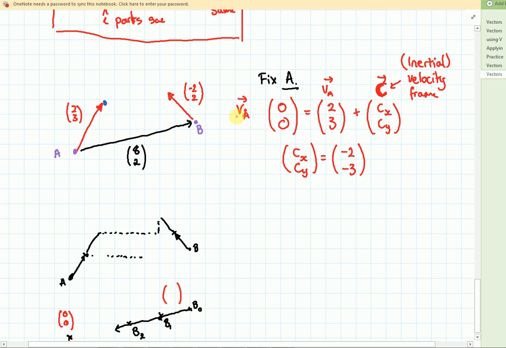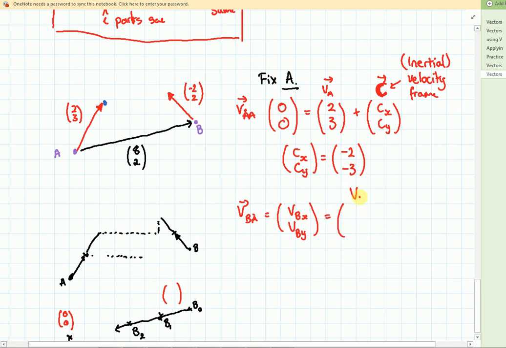So we're fixing A with VA. So fixing now B to make it inertial from B. Let's do VA. Let's do the velocity of B compared to A. Okay, fixed is equal to VB in the x direction, VBY. These are just the two values in the vector.